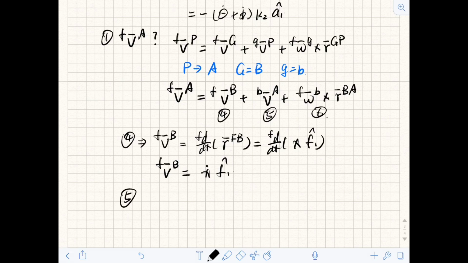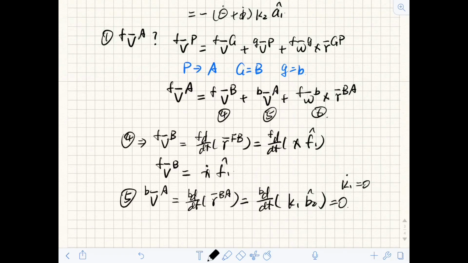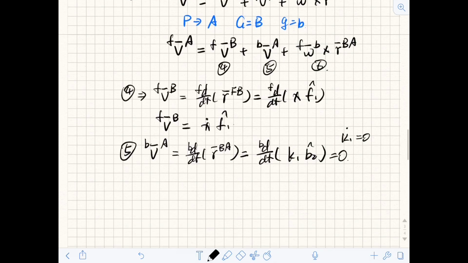Okay. Now term 5. The velocity of point A in B is equal to the derivative of RBA. Notice that we're starting from a fixed point in the B frame. Then we have K1 B2. And if we were to assume K1 dot equal to 0, we have the velocity of A in B equal to 0.